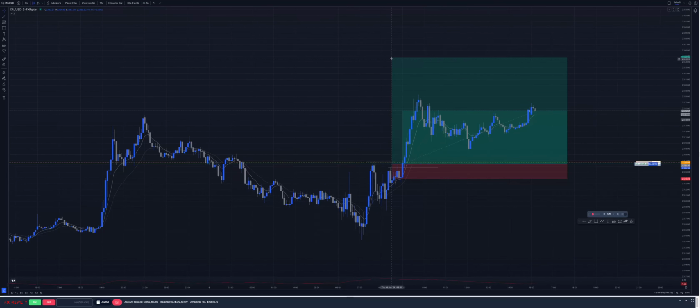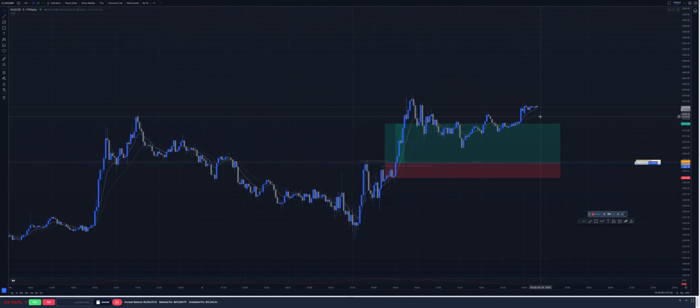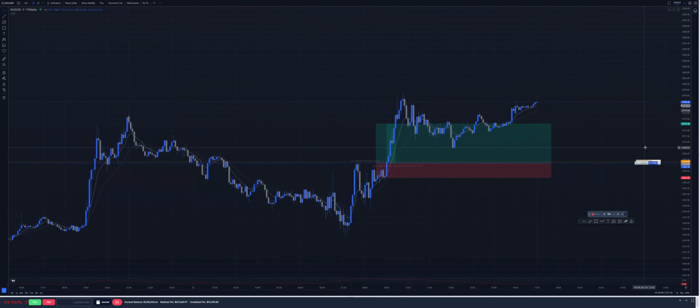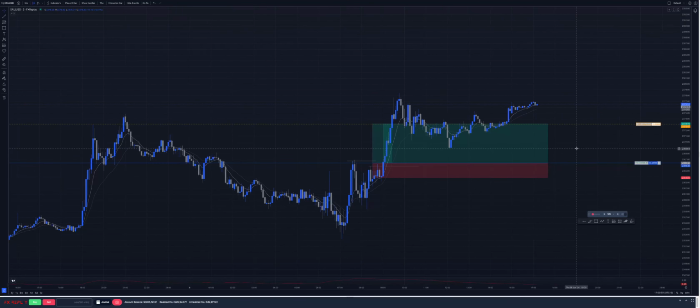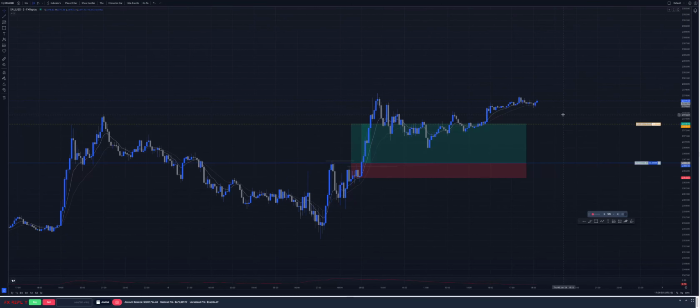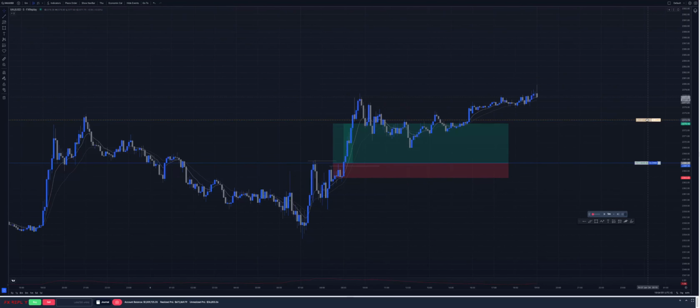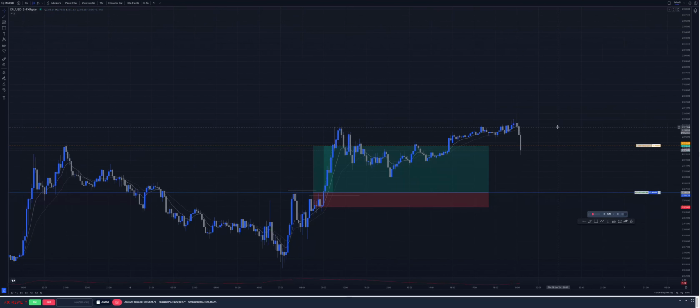There's nothing to manage to. I'm going to choose to manage to here though, given the fact that we're not getting any movement, and I guess we kind of survive rollover. I'm going to manage a little bit more aggressively just to secure a little bit more. There you go.